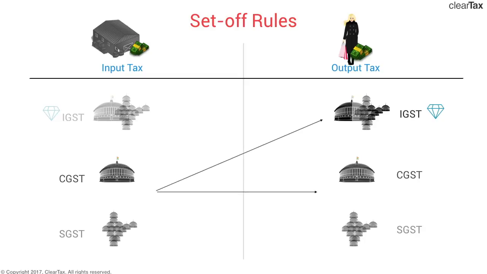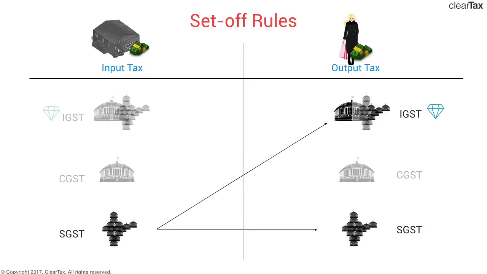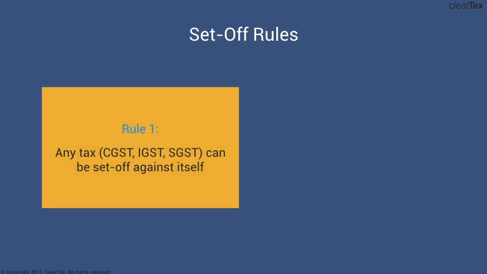Let's take the case of SGST. As you would guess, IGST can be knocked off as well as SGST. So with this in mind, we can form 2 rules. These rules are not specified anywhere, but from our study of the set-off mechanism, we can form 2 broad rules. Rule 1.